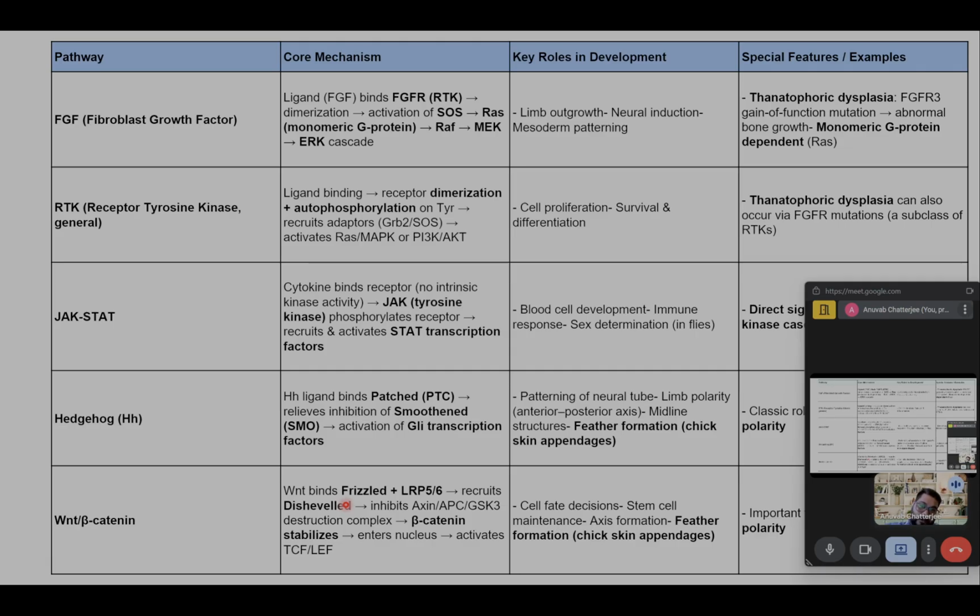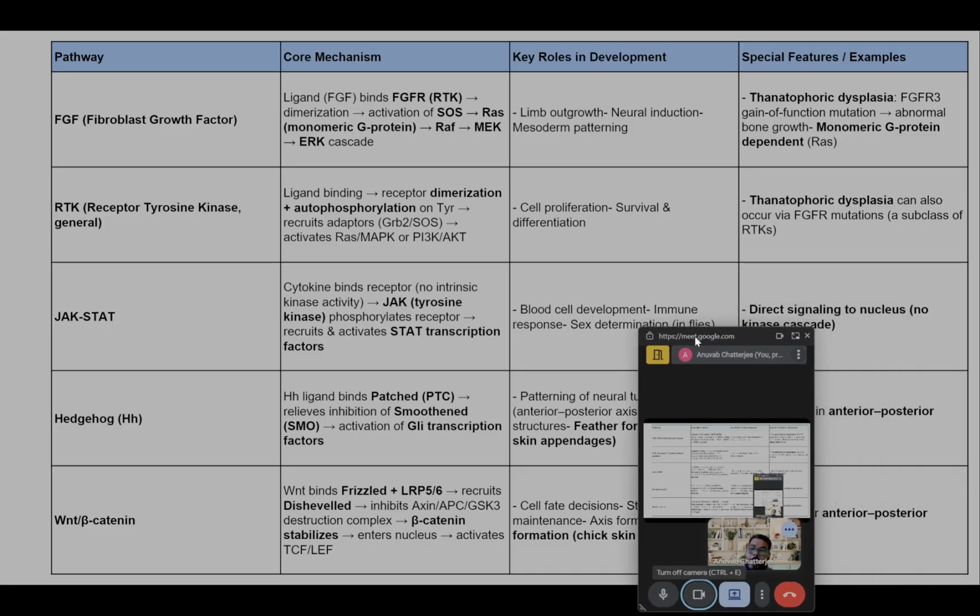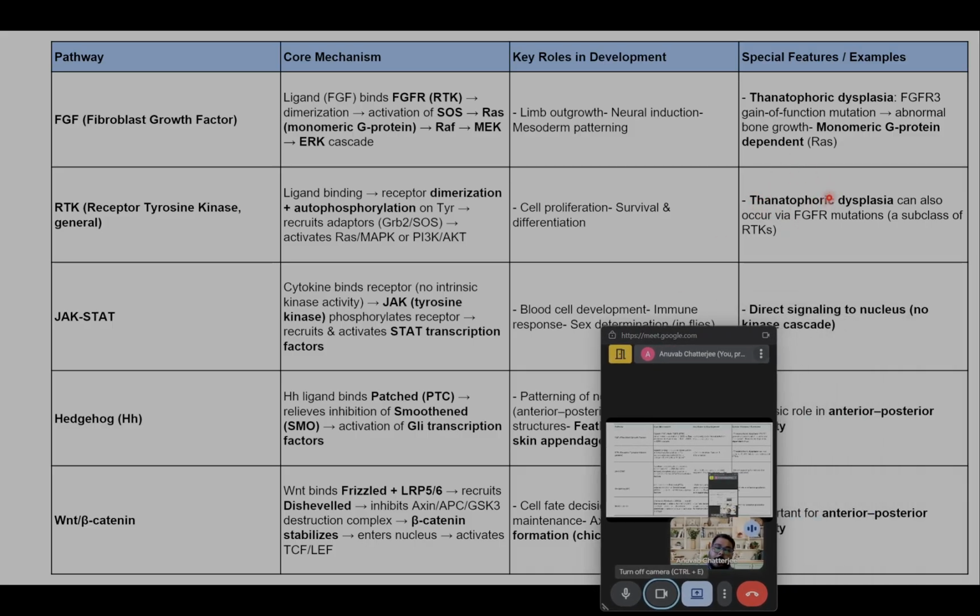So for quick reference, there is this table that you will obviously get when you get the PPT as well, in which we have particular pathways being related to particular roles, as well as the core mechanism and key roles in development. So FGF pathway we have discussed causes thanatophoric dysplasia if we have a loss of function in it. RTK receptor pathway can also be related to thanatophoric dysplasia because it is just a subclass.